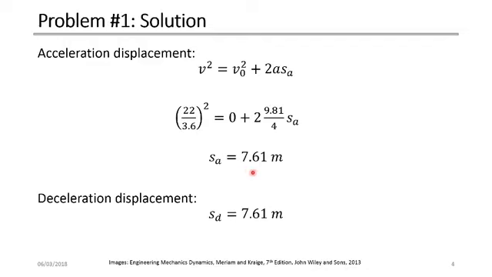to reach the constant speed of 22 kilometers per hour when it starts from rest. Because everything is the same between the acceleration and deceleration, even if you calculate the deceleration displacement, it's going to be exactly the same value, which is 7.61 meters.